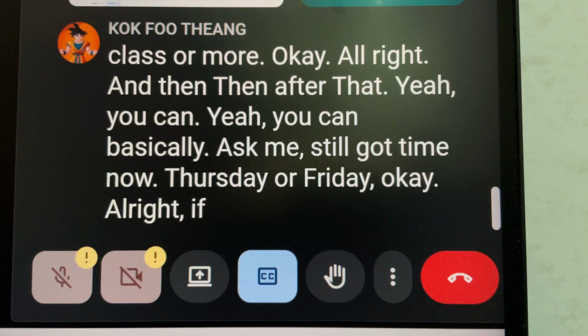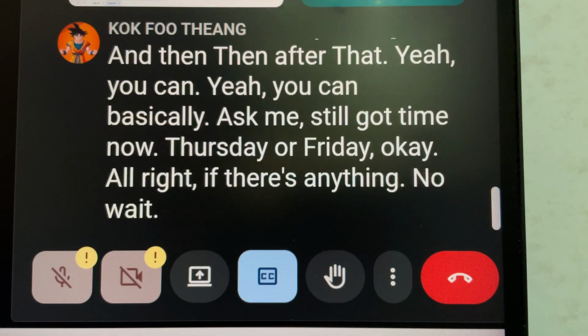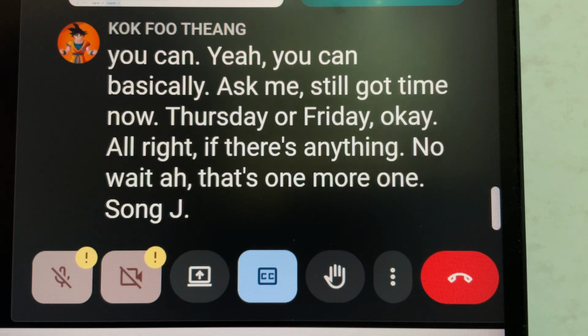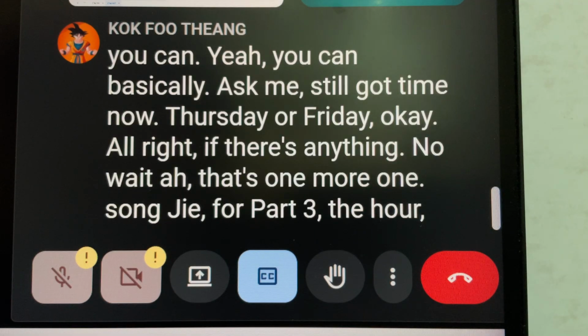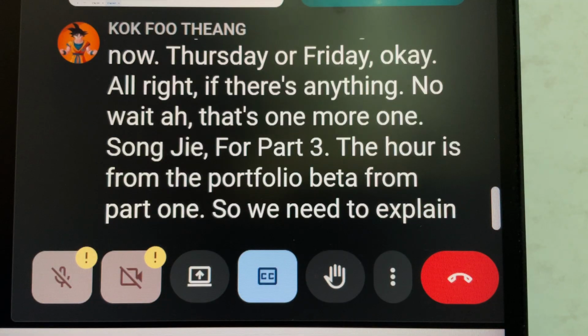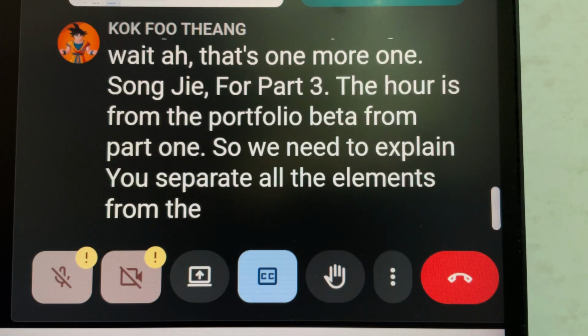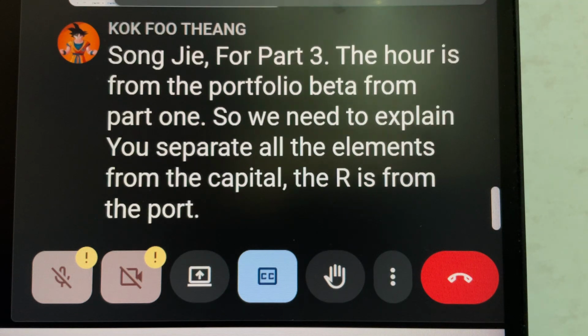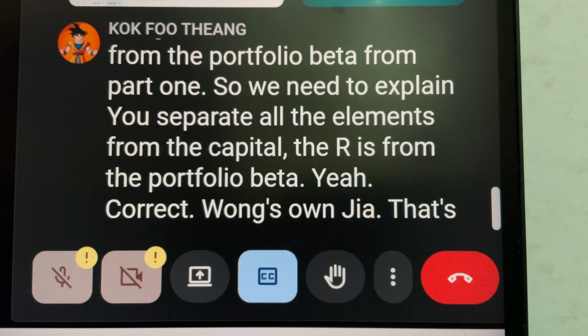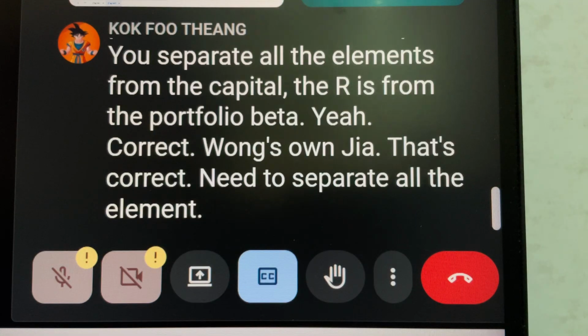For part 3, the R is from the portfolio beta from part 1, so we need to explain. We separate all the elements from the CAPM formula, right?